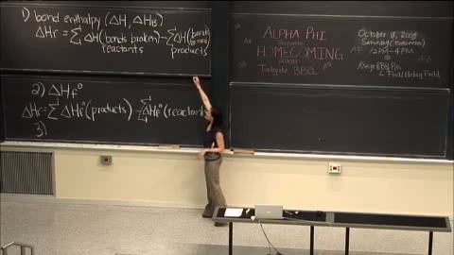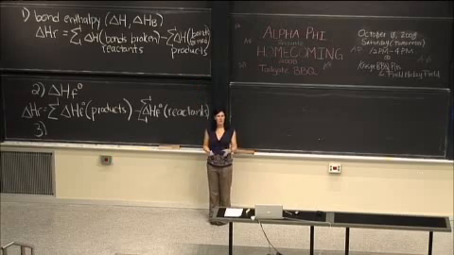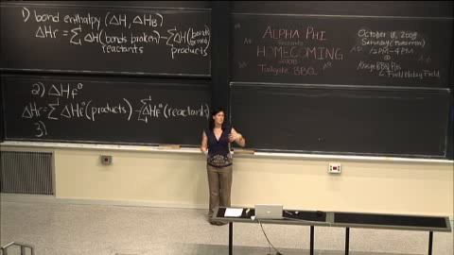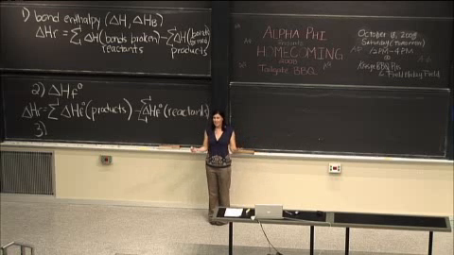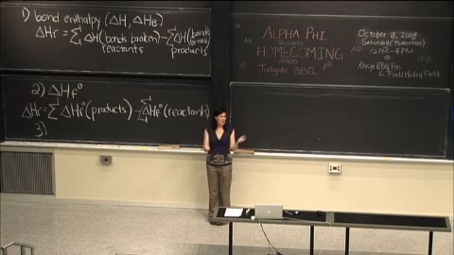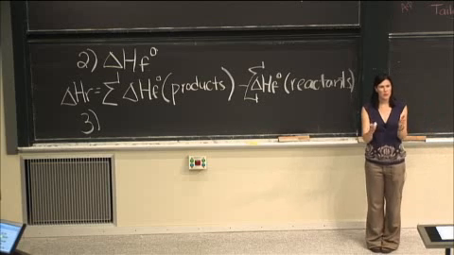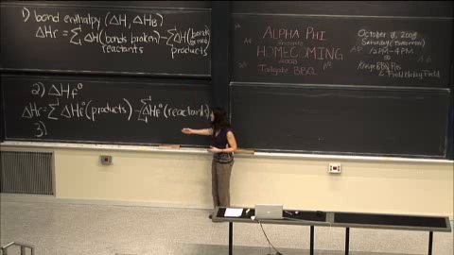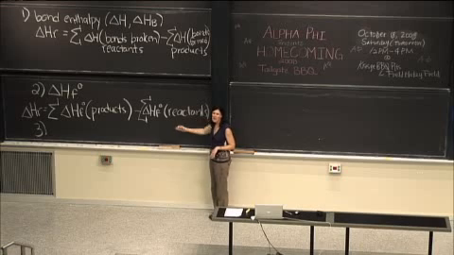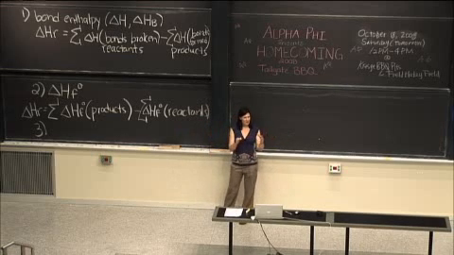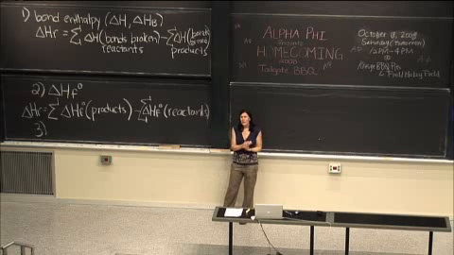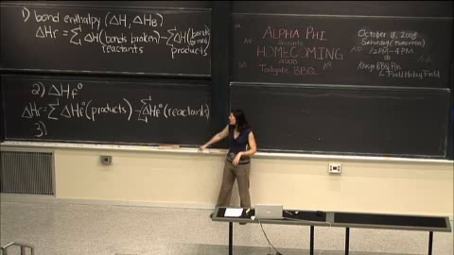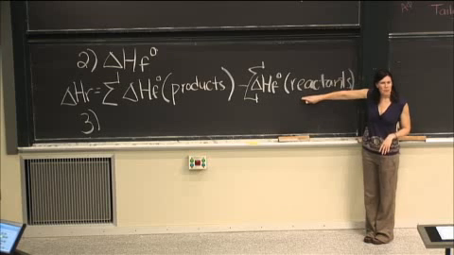And the reason is because the definition of a bond enthalpy, when we're talking about bonds, is the enthalpy that it takes in order to break the bond, the amount of heat that goes into breaking a bond. So it's typically a positive number because if you have a stable bond, you have to put heat into it in order to break it. So you end up having a positive bond enthalpy here. In contrast, when we're talking about enthalpies of formation, now what we're talking about is the change of enthalpy in order to form a molecule. So for example, if we have a nice stable molecule with strong bonds in it, what we're going to find is that the delta H of formation, would that be positive or negative?